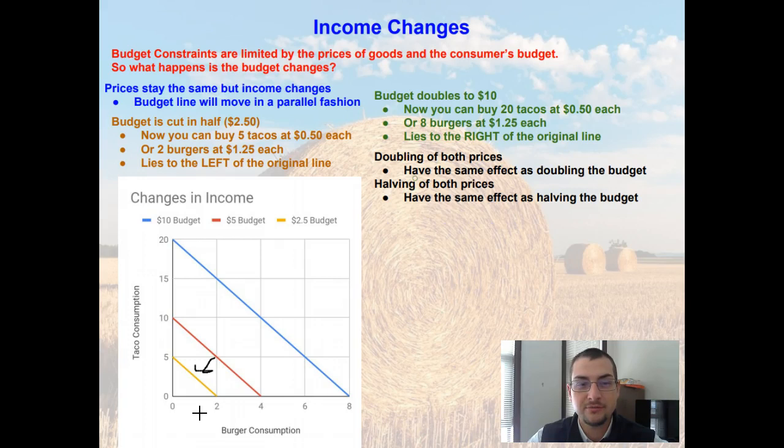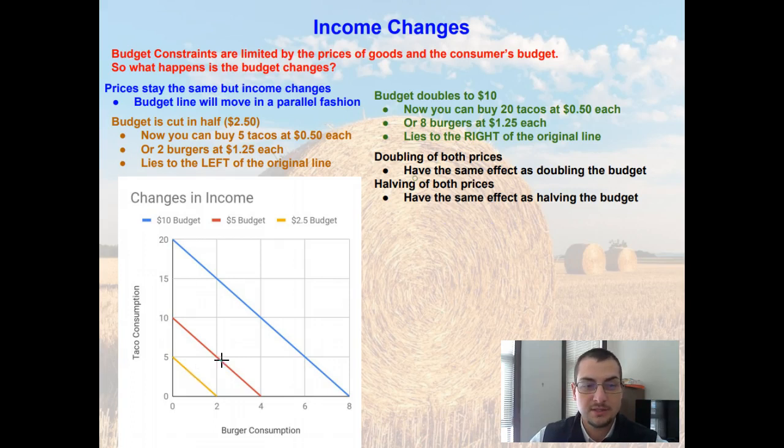But what happens if you double both of the prices at the same time? Let's say, for example, the budget stayed at $5, but now all of a sudden the tacos cost $1 and the burgers cost $2.50, and the budget still remained at $5.